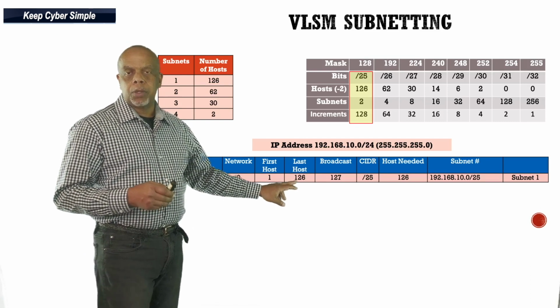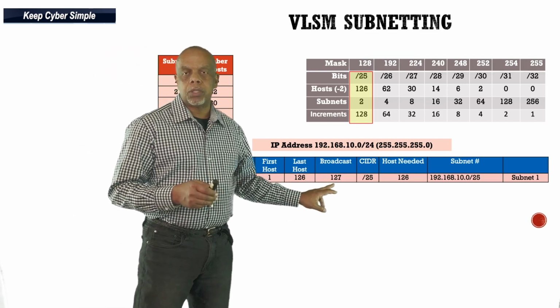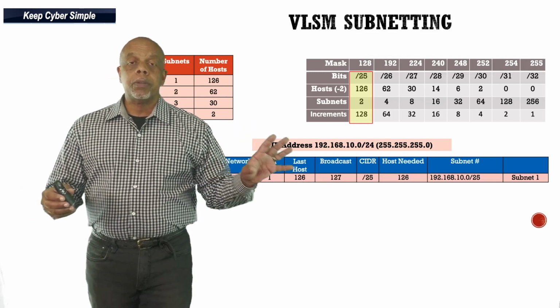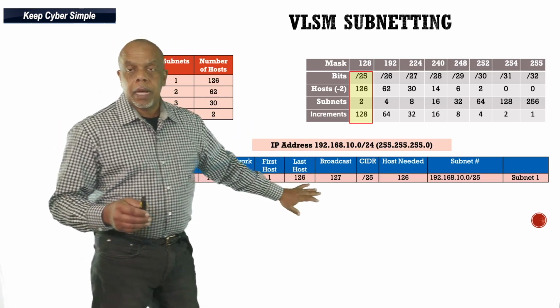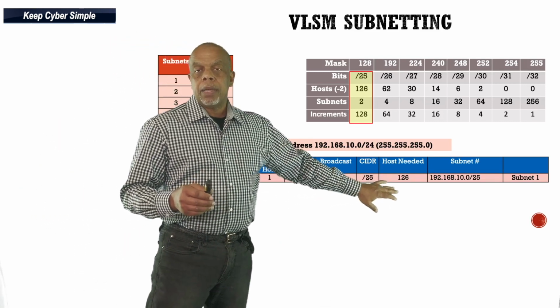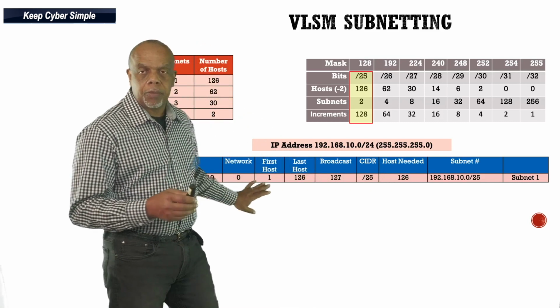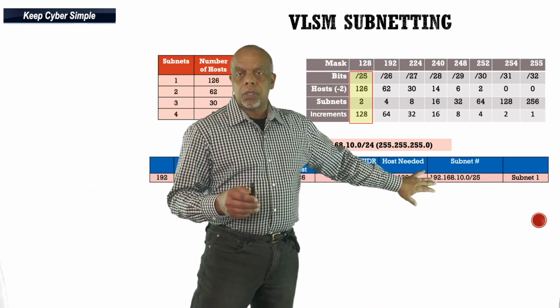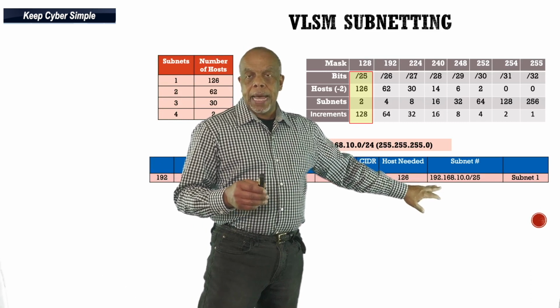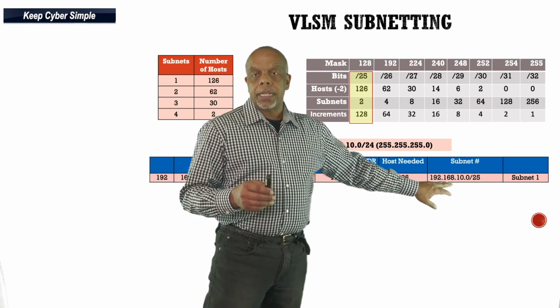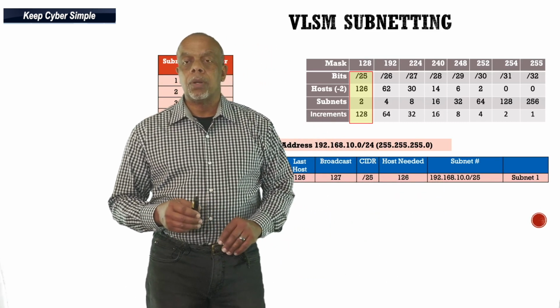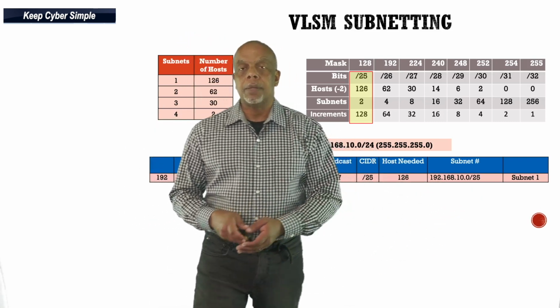The last host is going to be 126, broadcast 127. No different than we had done previously with subnetting. This is going to be a CIDR of 25 because I needed 126, and that's what it gave me. And now my ID is going to be 192.168.10.0/25. And that's going to be my subnet 1.